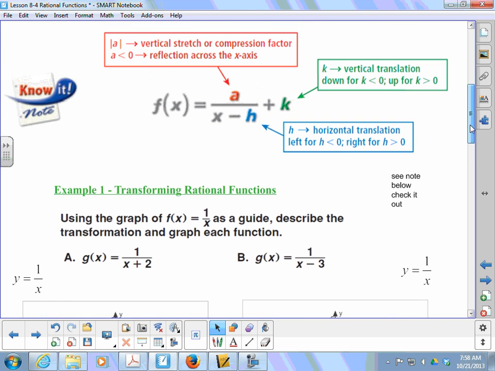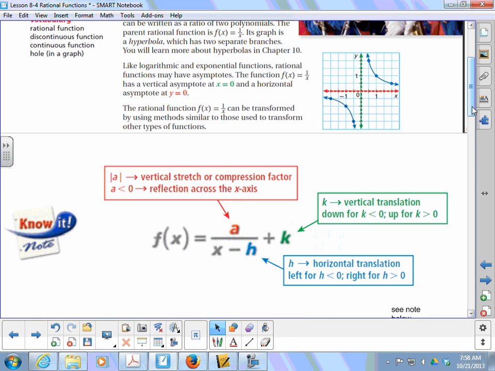So k, once again, is a vertical translation. What k is going to do is take our horizontal asymptote, the asymptote at y equals 0, and change it. It's either going to move it up or move it down depending on whether k is positive or negative. And h is going to take our vertical asymptote at x equals 0 and move it left or right, depending on whether h is positive or negative.